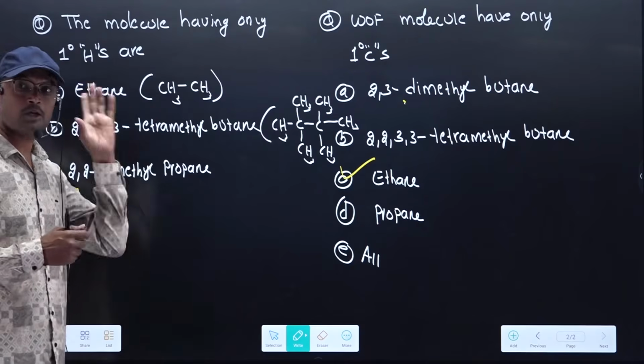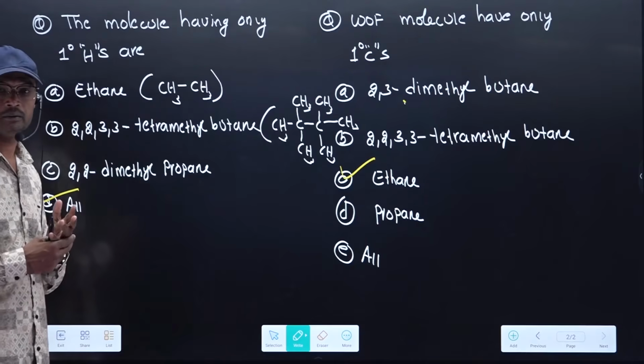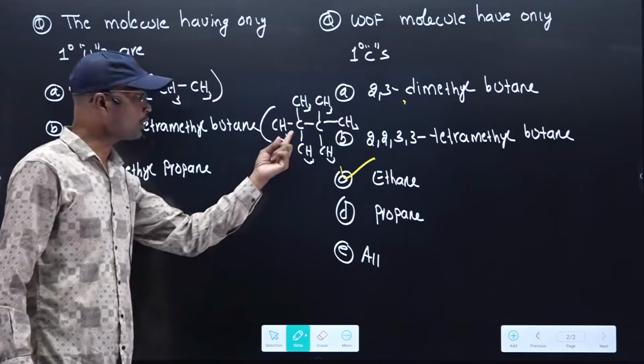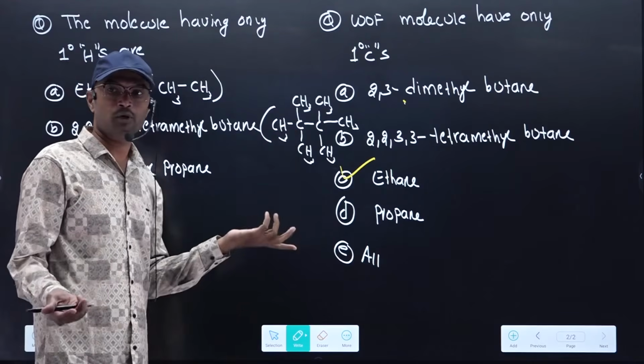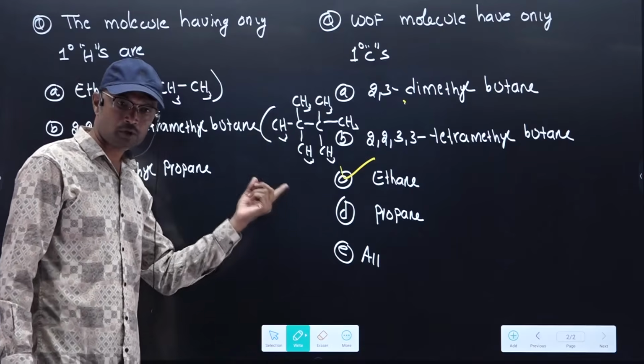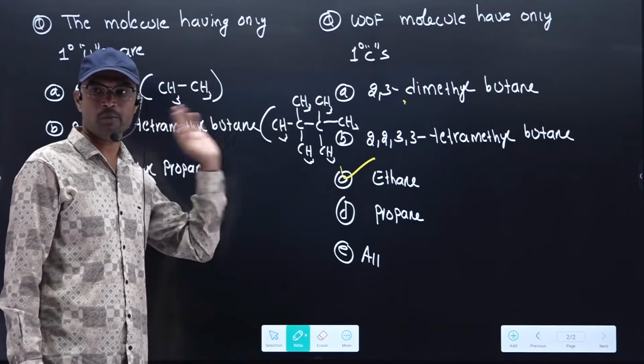Are all 18 hydrogens primary? I am not asking about carbons. They may carry quaternary carbons, but we know quaternary carbon has no hydrogen. So 18 hydrogens are there, 18 are primary. Okay, it is also matching.